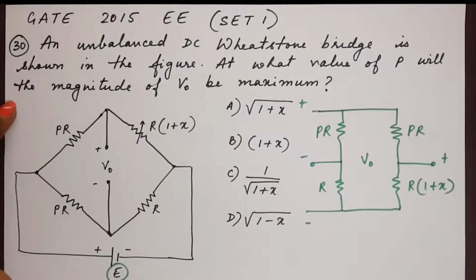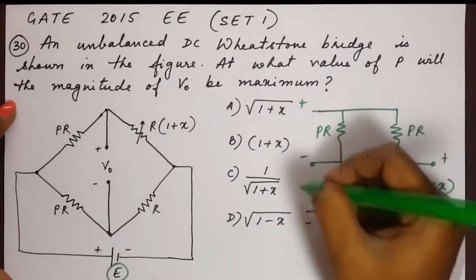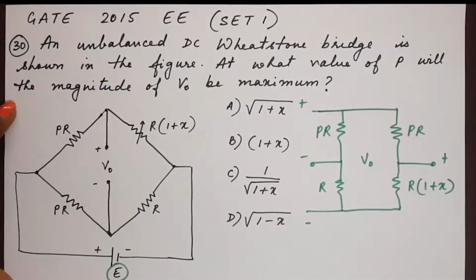V0 is equal to, on this end, R into 1 plus X divided by the sum of both, that's PR plus R into 1 plus X, minus, now this side, R divided by the sum of both, R plus PR, and all of it multiplied by the voltage E.